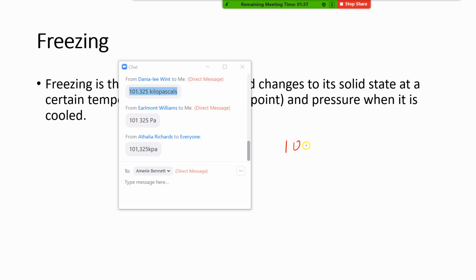Some person is saying 101.325 kilopascals. By the way, whenever you are writing the unit for pascals, it's a capital P and a small a. If you write small p and small a, we're going to mark you wrong. You understand? Just be mindful of that.